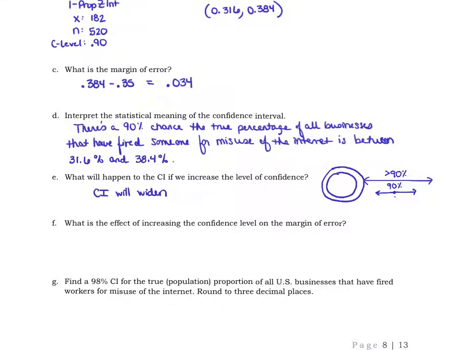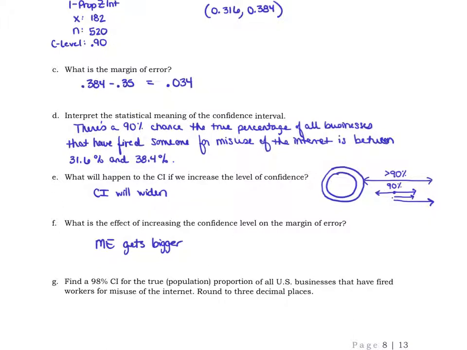The margin of error is just going from one direction or the other. Well, notice what happens is that margin of error gets bigger. Okay, so as your confidence interval widens, it's widening because you're allowing room to make more mistakes. Okay, you can be less accurate, means a bigger margin of error.